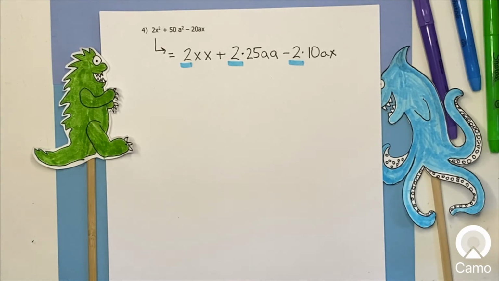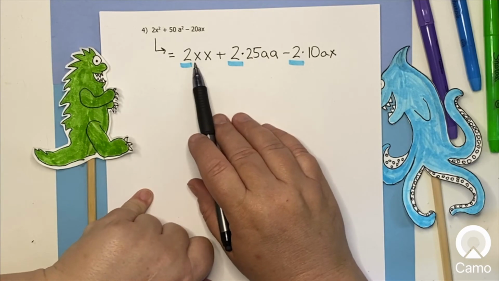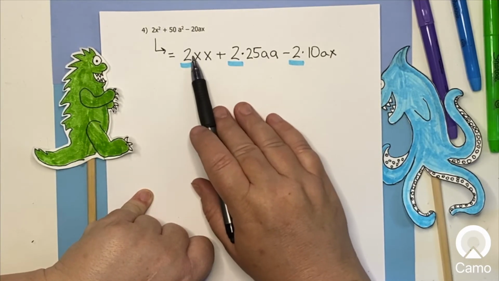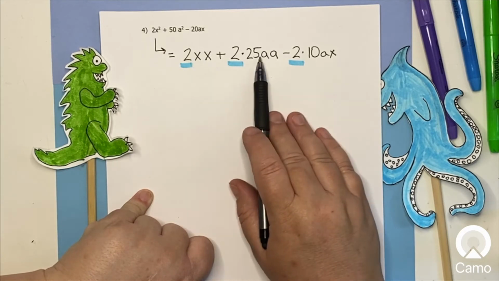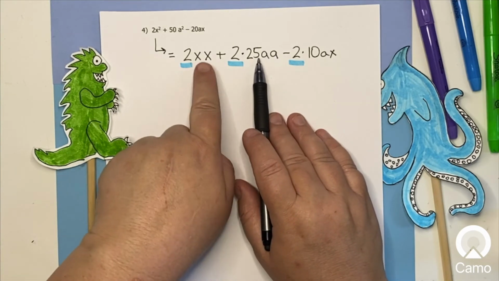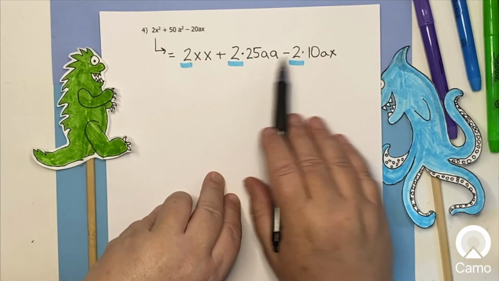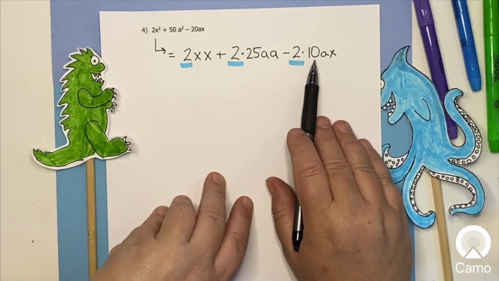It looks like there's A's and X's everywhere. Let's look carefully. I've got two X's multiplied together here, just X's. So only X will come out of this term. Notice in this term, we've got just A's for variables, no X's. So do these two have any variables in common? And the answer is no, they do not. And then this one's everybody's friend, right?